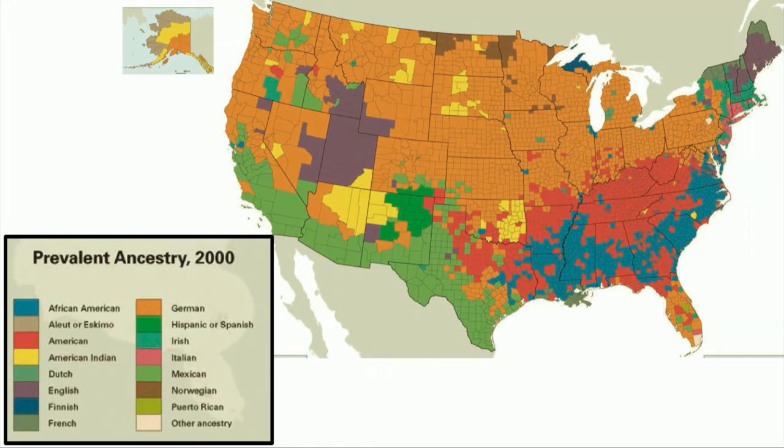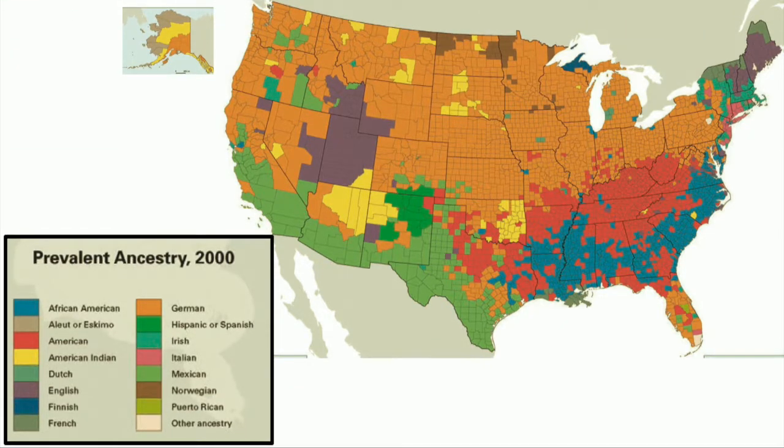The second is the spread of the Mexican or Latina community, which are green, along the Mexico border, which in the 1800s was part of Mexico before the Spanish-American War.